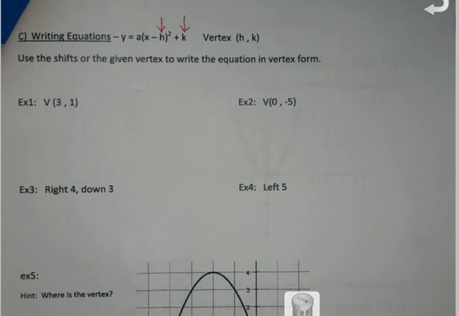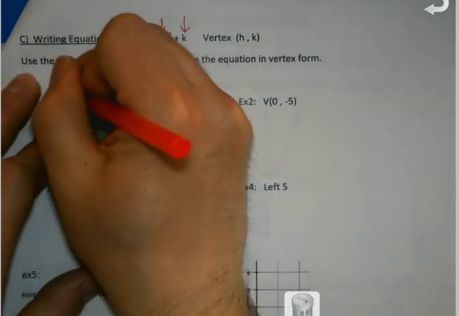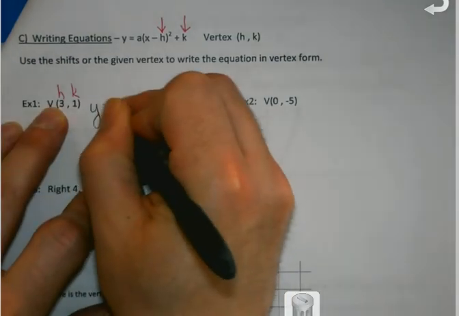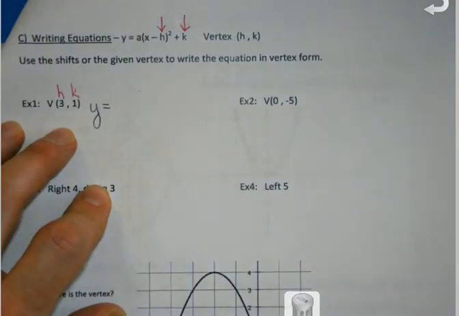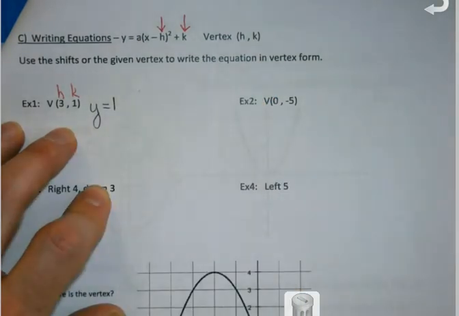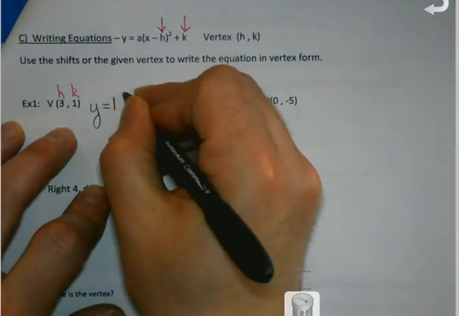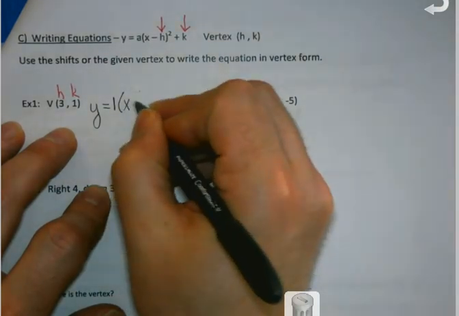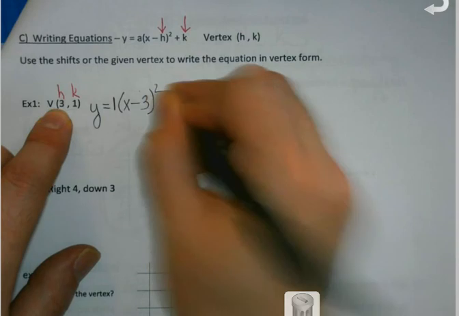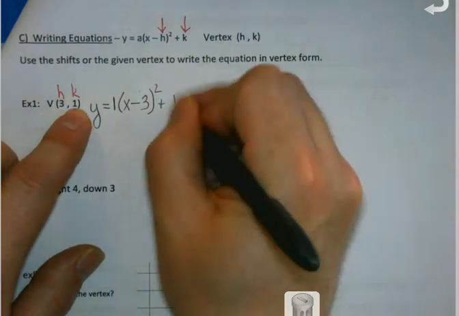So for instance here, if they give me the vertex, they're giving me the h and the k value. Okay, I know we think of it as x and y, but in this case, it'll make it easier for us to get our equation because now y equals, I don't have any shifts, so if I don't see one, I'm just going to make my a equal 1 if I don't see something that tells me otherwise. x minus, that first point's my h, so there's a 3, plus, and there's my k value, 1.